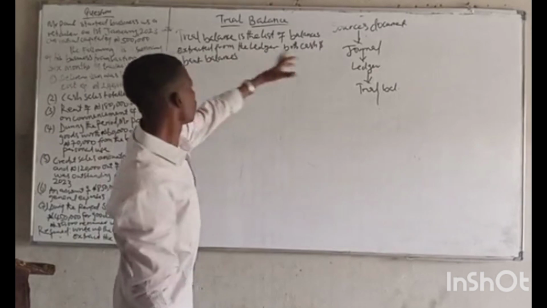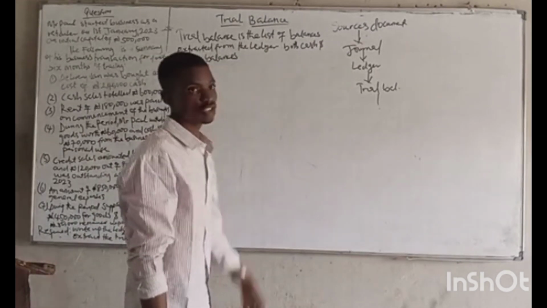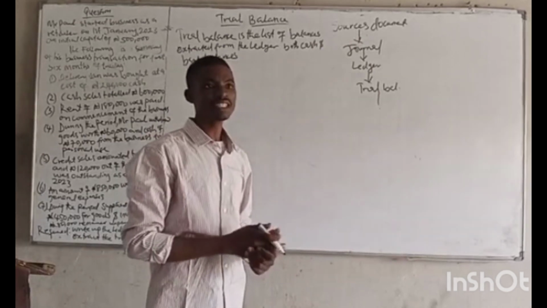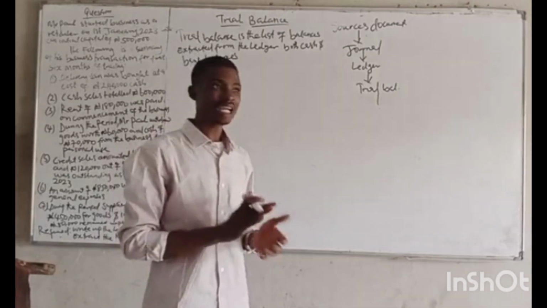So trial balance is a list of balances extracted from the ledger, both cash and bank balances, to check the arithmetical accuracy of the entries in the ledger. So now let's take a worked example to help us enhance our understanding.